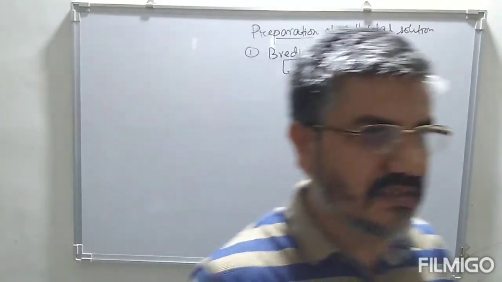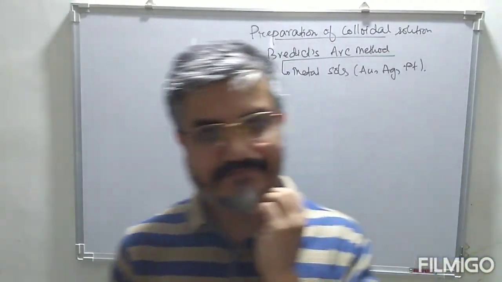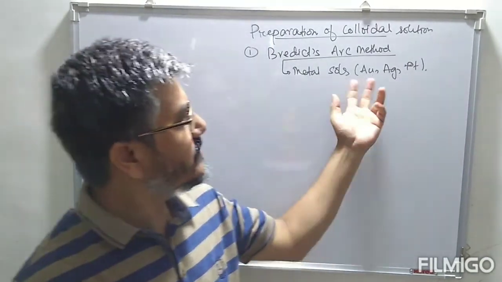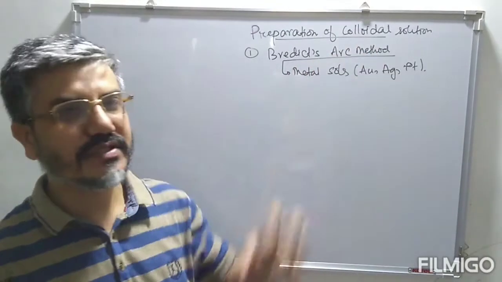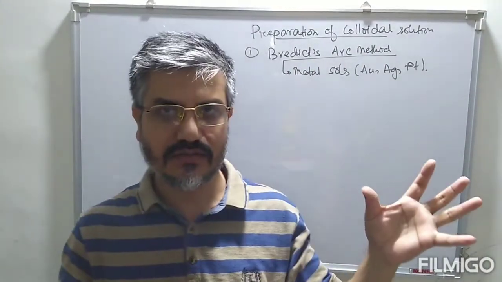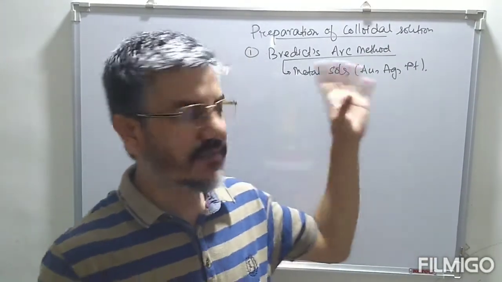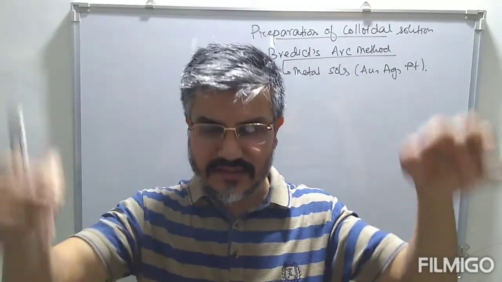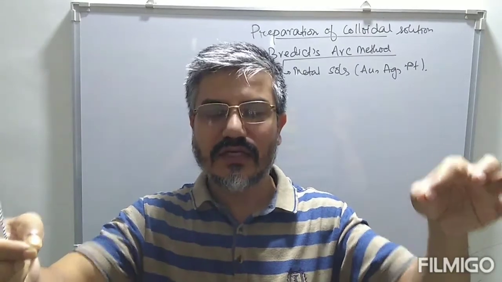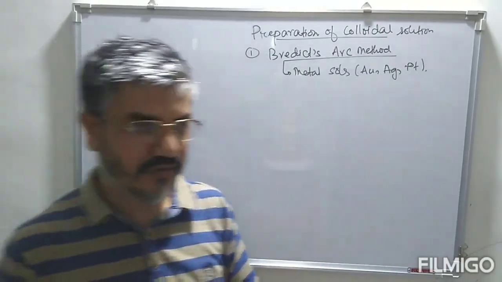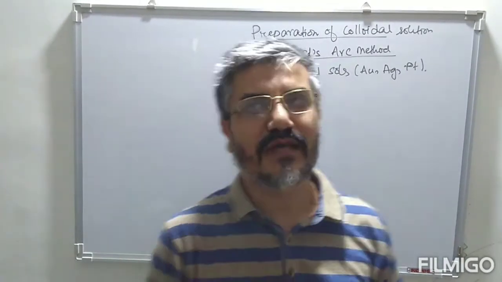In this Bredig arc method, we take the metal for which the colloidal solution is to be prepared as electrodes. Both cathode and anode are of the same metal, and these electrodes are dipped in a dispersion medium in which the colloidal solution is to be prepared.